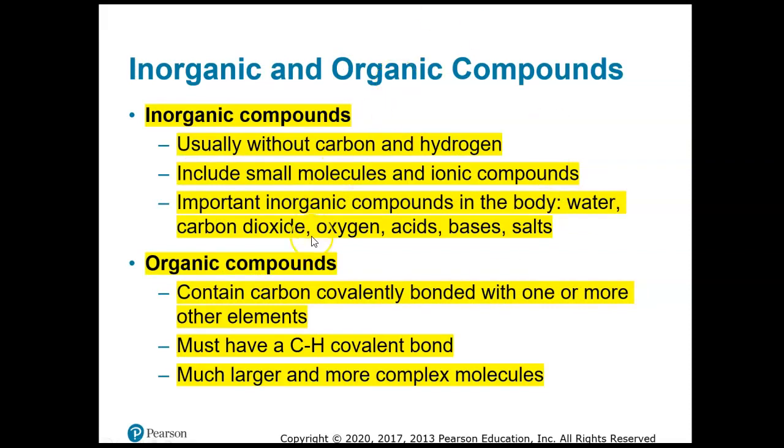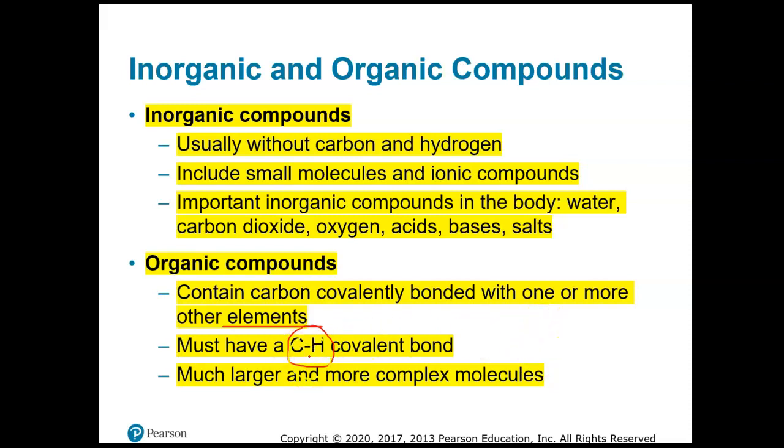Now, this definitely you need to know. You need to know that if a chemical is an organic compound, it must have carbon and hydrogen together. I'm going to circle this because you have to know this.